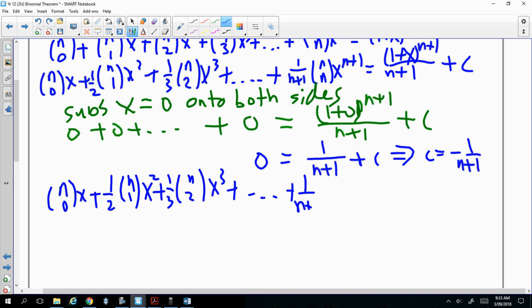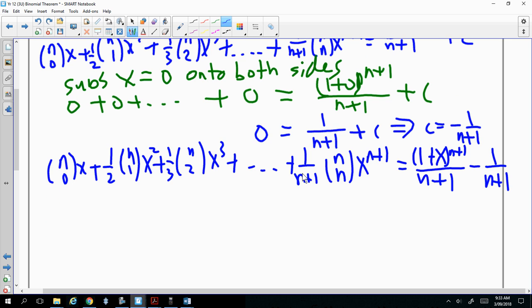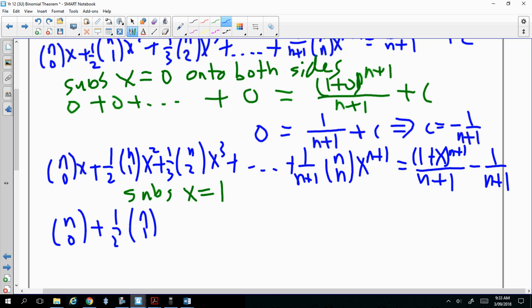And then you just substitute x equal to 1 on both sides. That will get rid of the x. And you get n0 plus half n1 plus 1/3 n2 plus dot dot dot 1 over n plus 1 and n equals 2 to the power n plus 1 minus 1, make a common denominator, which is the result they asked you to prove.